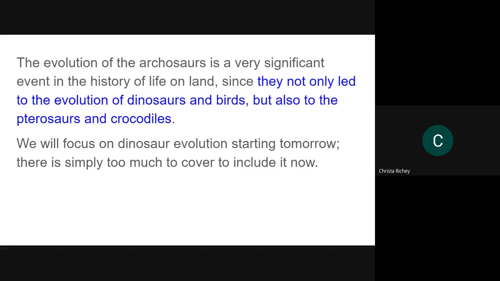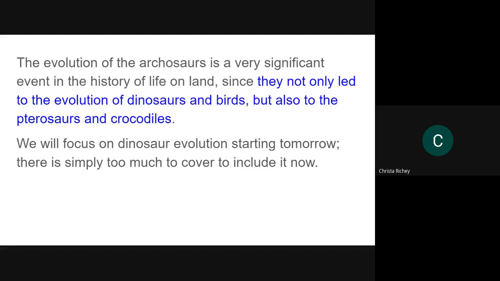We will be doing dinosaur evolution tomorrow. Those 3 branches from archosaurs are older than dinosaurs. There is a very specific point when you had a change in the way that the pelvic bone is oriented that sort of denotes Dinosauria proper.